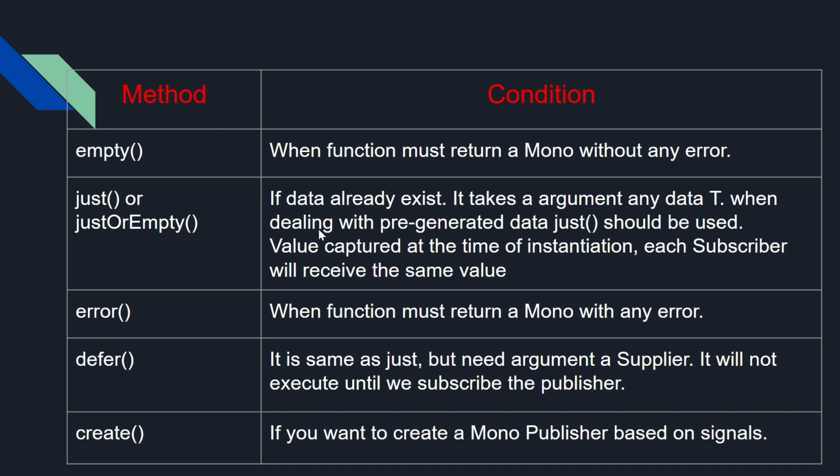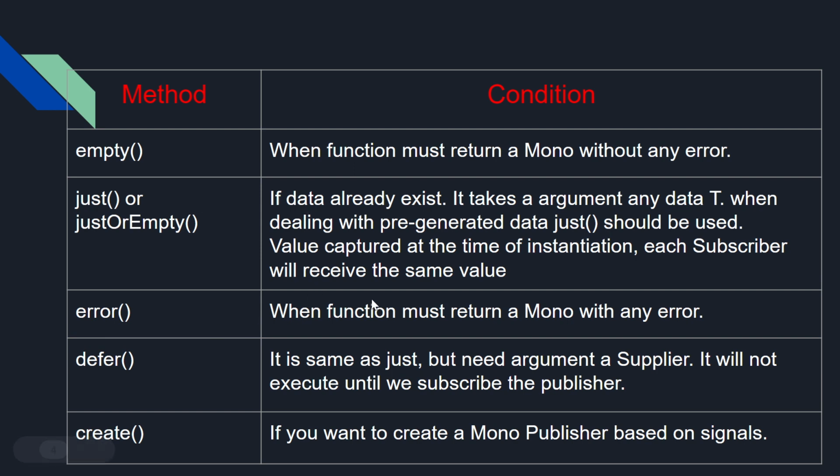The just method's value is captured at the time of instantiation, not at the time of subscription. So when the just publisher is instantiated, only then is the value captured. This is the main thing we need to check with the just method.